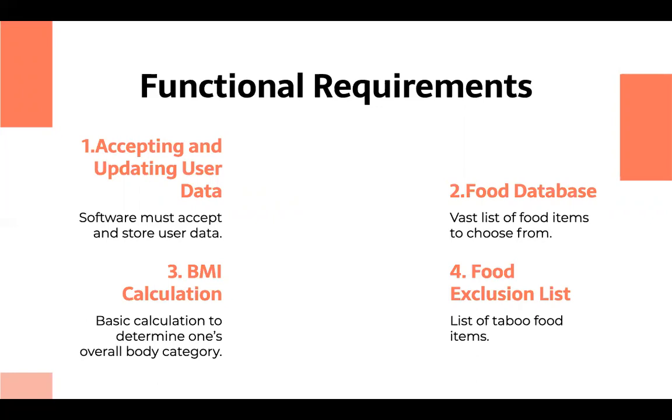Our food database. This will be a list of all, and I'm a bit exaggerating when I say all, but all foods that are known, right? However, you will be able to update this food database if we miss something that you know.